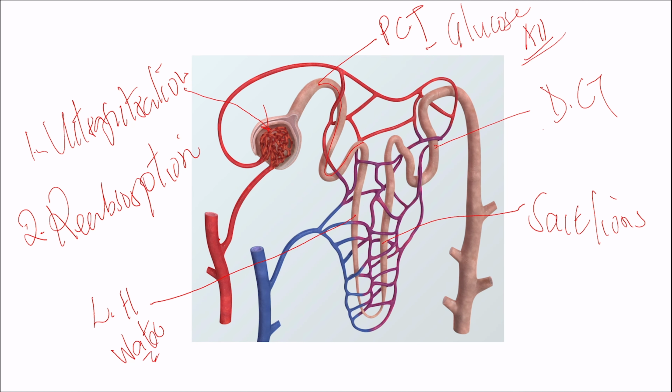At the DCT, the distal convoluted tubule, that is where we will have controlled reabsorption of water and some minerals, but mainly controlled reabsorption of water. Why controlled? It will depend on the body requirements.